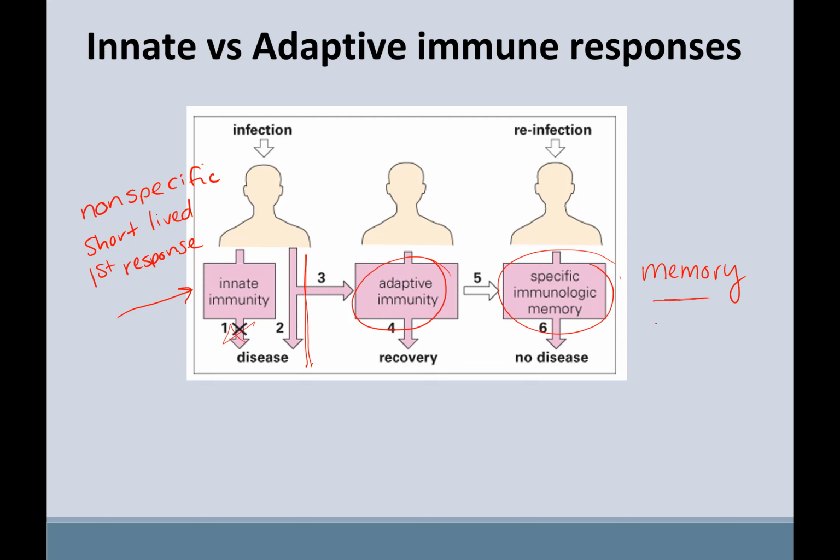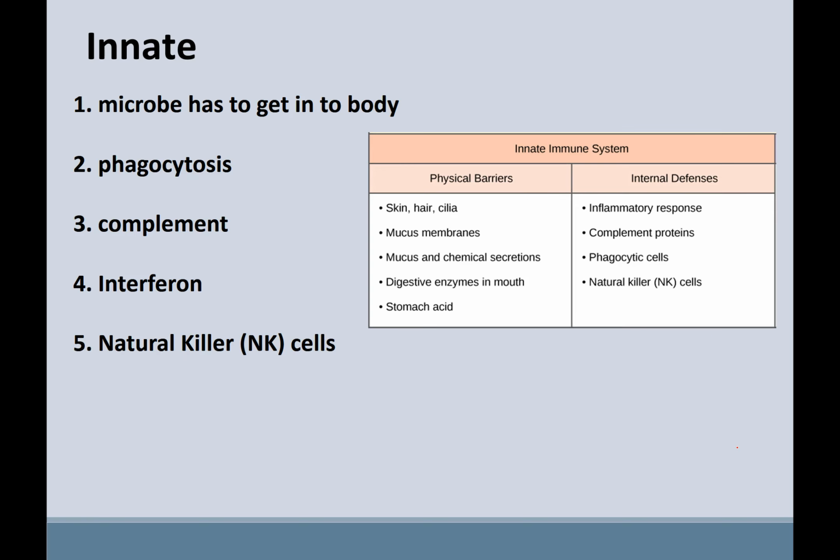Adaptive immune response is also specific, and we call it cell-mediated because it involves B and T cells. So let's look at these different types of immune response independently.